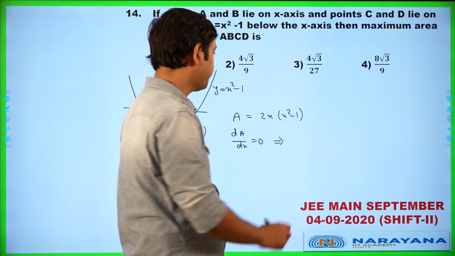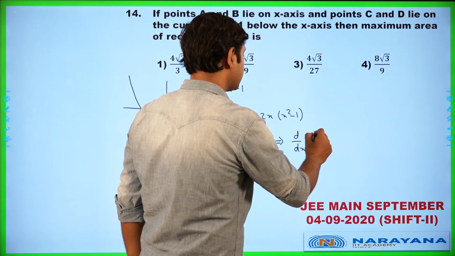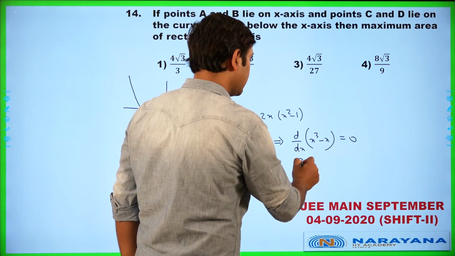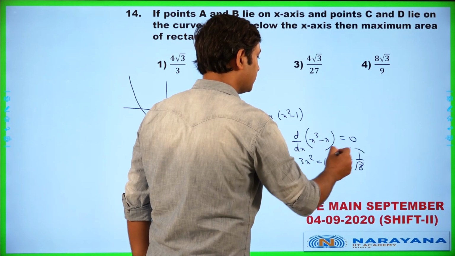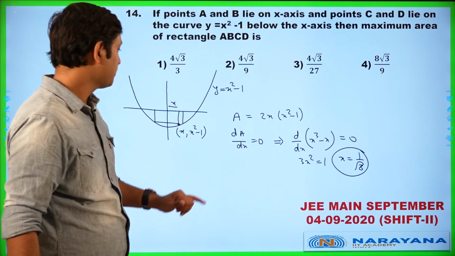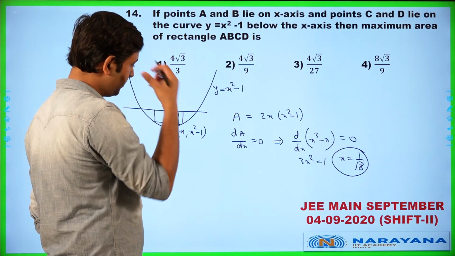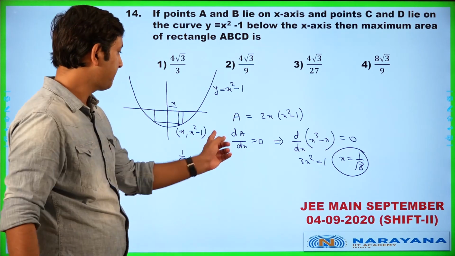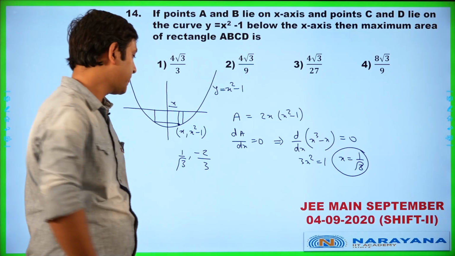We are differentiating x cube minus x. We'll get 3x square is equal to 1 or x is equal to 1 by root 3. We'll take x is equal to 1 by root 3. We'll put here x, this point will come out to be 1 by root 3 comma minus 2 by 3.